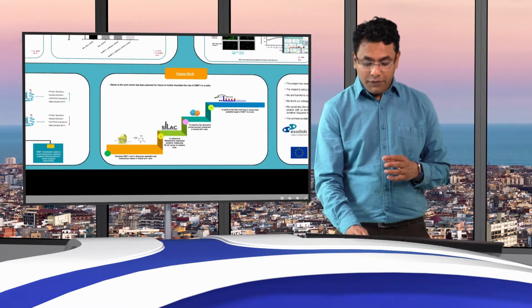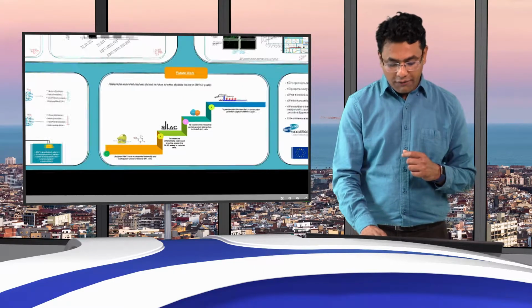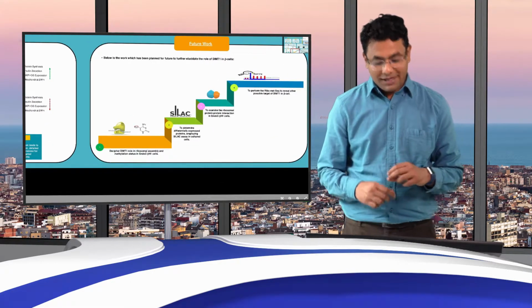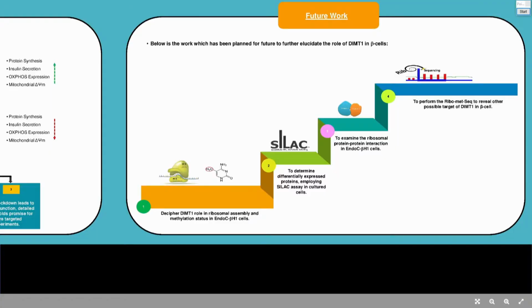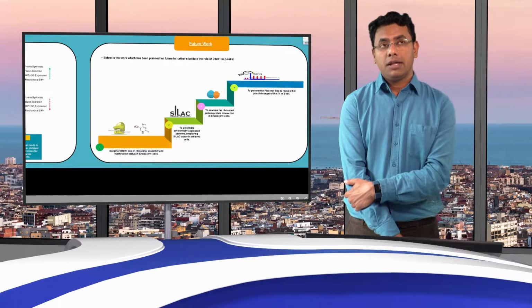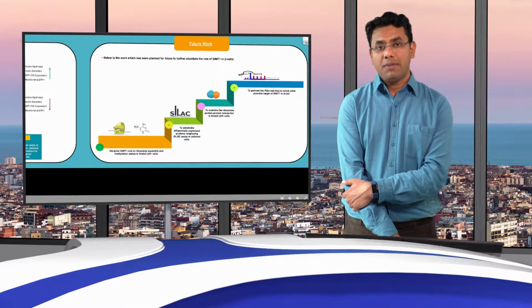In the future, we are looking to understand the role of DIMT1 in ribosomal assembly. We are currently investigating this by the proximity ligation assay, and we are also trying to investigate the targets of DIMT1 in these beta cells with the help of RiboMeth sequencing on the Illumina platform.